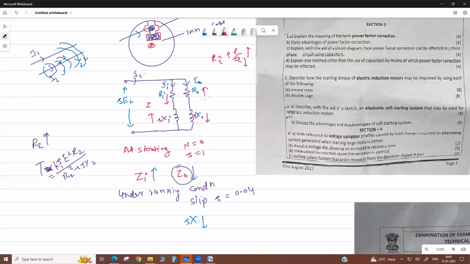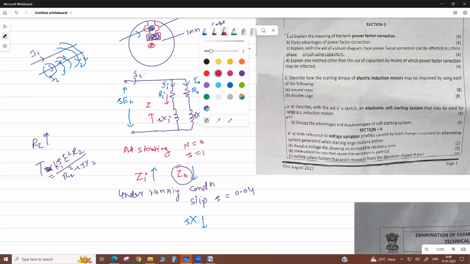Now due to slip this impedance is changed. The inner cage has this flux, but due to slip it's changed.